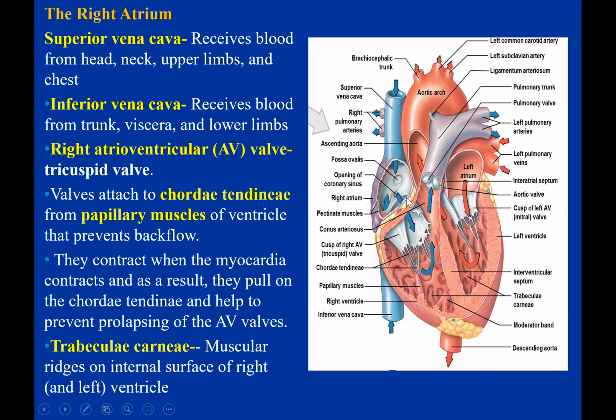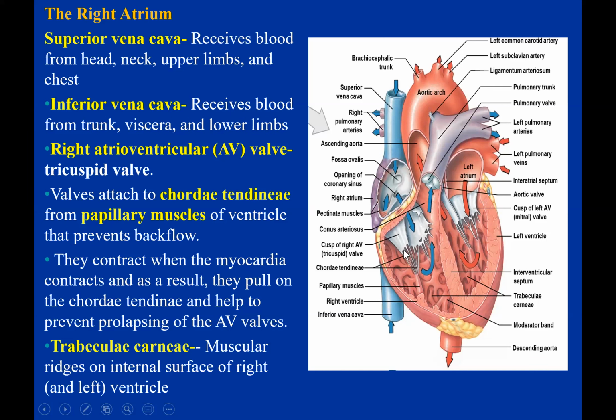The valve between the atrium and the ventricle is called the right atrioventricular valve or tricuspid valve. So it has two names. It has three cusps. The valves are connected by these strings. They are like tough fibrous connective tissue strings that anchor the valves to papillary muscles that come from the floor of the ventricles.